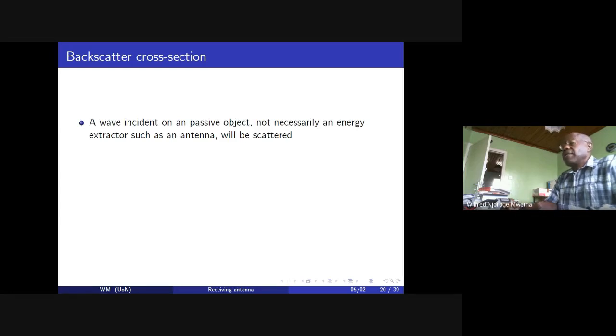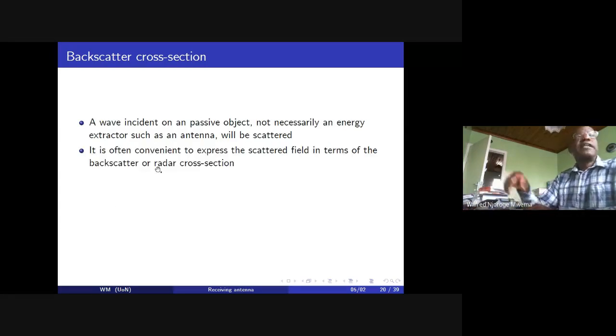So the object must be able to scatter the incident electromagnetic wave. Of course, even for those of us who will be working in the meteorological department, this is the way you'll be detecting rain clouds or storm clouds and so forth.